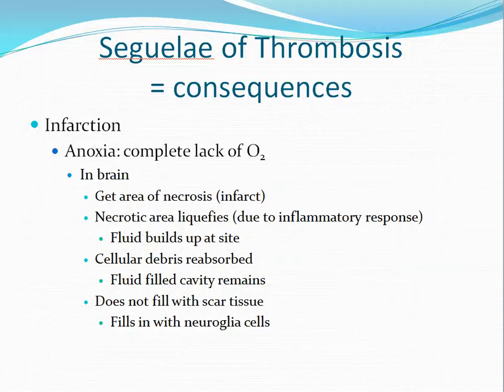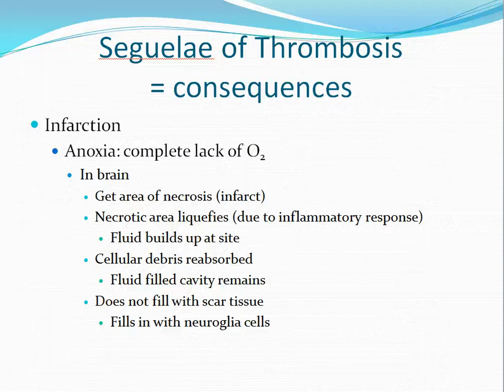Anoxia refers to the complete lack of oxygen. If this occurs in the brain, you will get an area of necrosis called an infarct. The necrotic area will liquefy due to the inflammatory response, and you will get this buildup of fluid at the site of the infarct. The cellular debris will be reabsorbed, but the fluid-filled cavity remains.